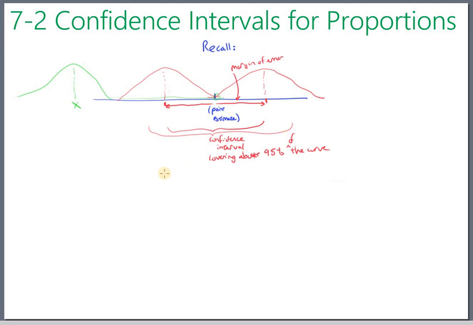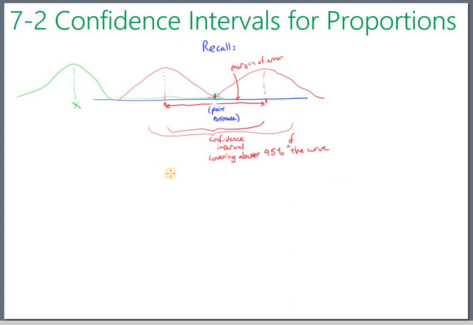Students sometimes say, why don't you just do 100% confidence? And I say, we absolutely can do 100% confidence. A 100% confidence interval will say, hey, the true value is somewhere between 0% and 100%. And I'm absolutely certain that's right. And you are absolutely certain that's right. It's just also not useful.